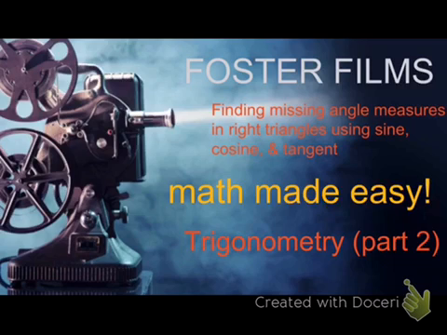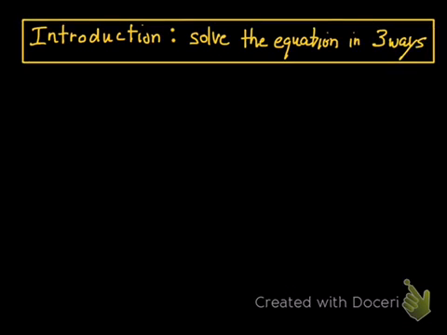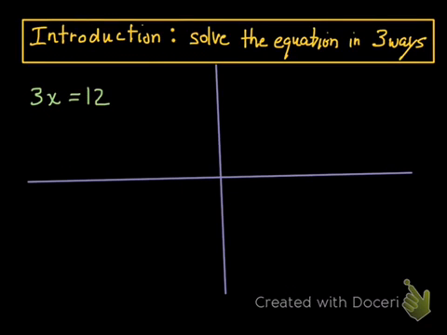So let me give you a little introduction here first. I am going to challenge you to solve this very simple algebraic equation in 3 different ways. The equation is 3x equals 12. All right, how are you going to solve this thing?